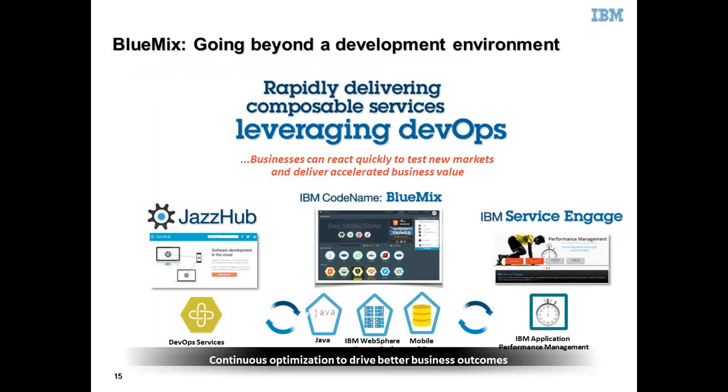Another interesting dimension of this BlueMix is, because of that DevOps nature, it's not just about searching through the catalog of services and then linking them together. You can actually link to the projects which are designed on the cloud, ground up.